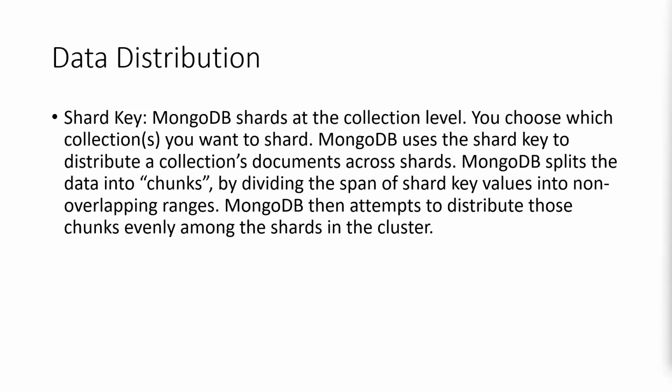We have to split the data, and then we have to use what we call the shard key, and we have to make sure that they are not overlapping. So it depends on what value we are going to have. Let me show you a graphic which represents this idea.